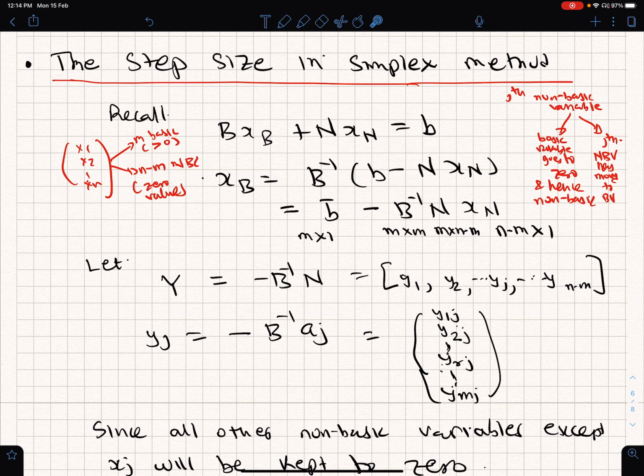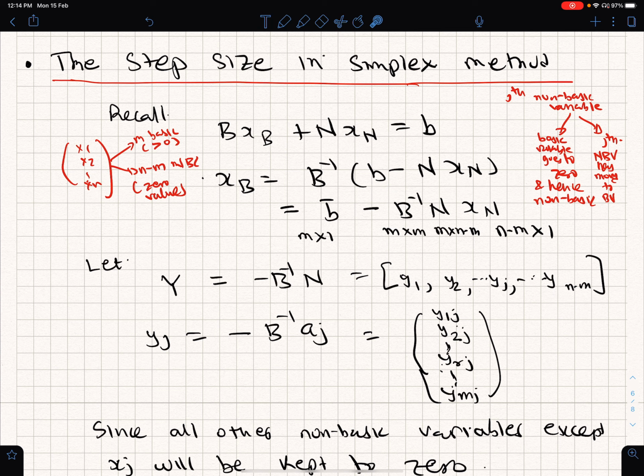I had already said earlier that the columns of the A matrix corresponding to the basic variables are linearly independent, so B is an m cross m matrix of rank m. So it is a non-singular matrix, hence its inverse exists. And once B inverse exists, this step is doable. Otherwise, obviously, you cannot do that step.